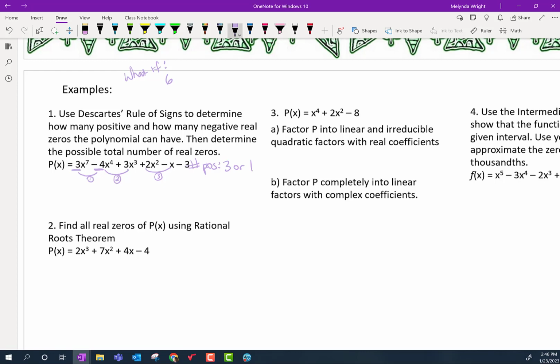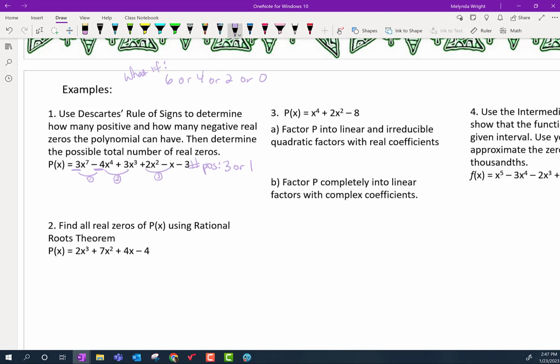Then I would have 6 or 4 or 2 or 0. I have to keep going until I get to a 0 or 1. Why am I doing that? I'm doing that because when it is defining them as positive, the total number of positive zeros, those could also be imaginary.